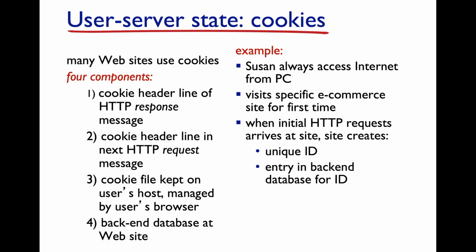All right, so HTTP is stateless, and there are some applications, such as electronic commerce and shopping, where you want to maintain some kind of state information, context between the client and the server. And so there's a header line that implements this persistence, and this header line is something called a cookie header line.